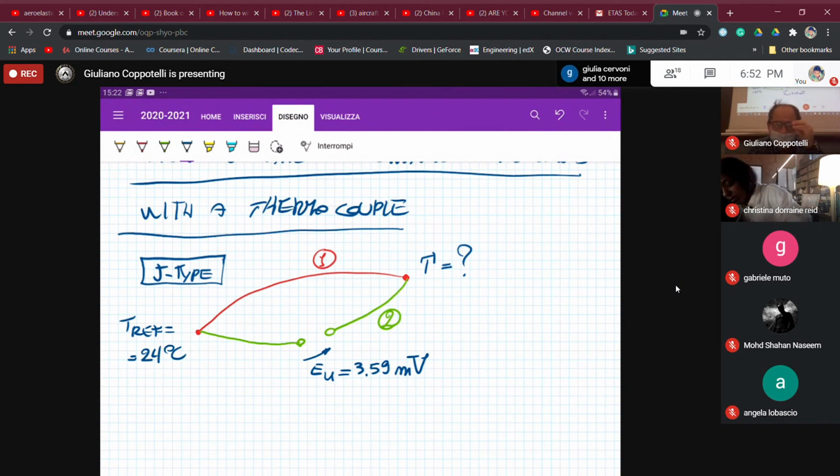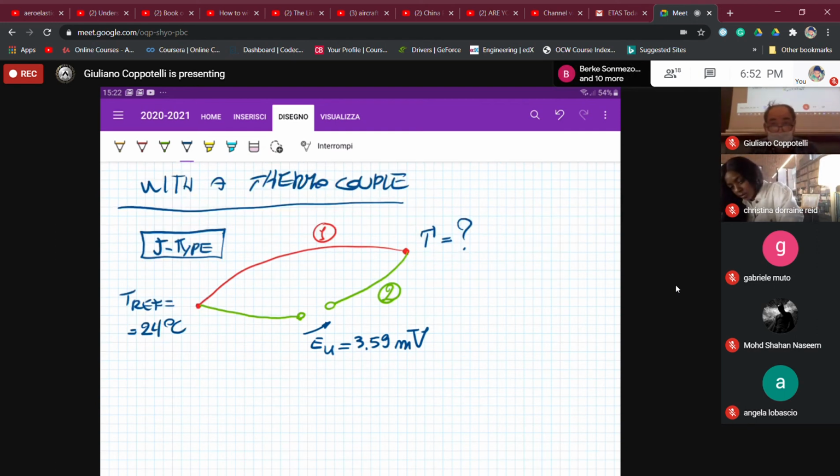The first thing that you need to know is that we can have a large number of cold temperatures, that is, the temperature of the cold junction. And also we can have a very large number of thermocouple types.